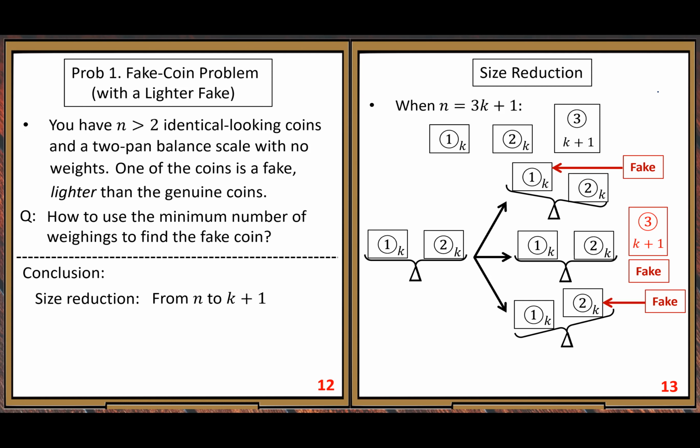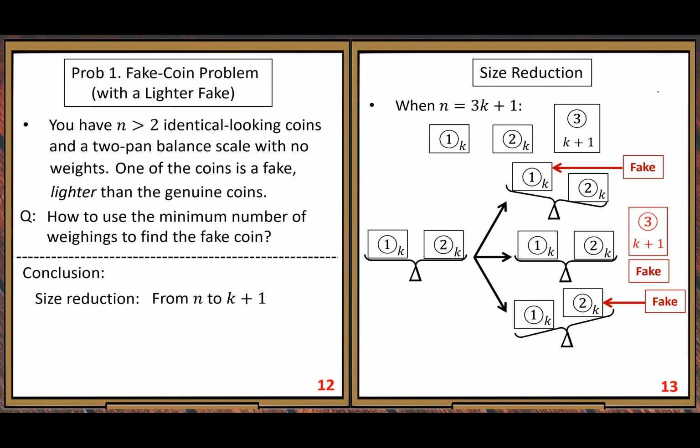When we have different cases, we focus on the worst case. The reason is simple. If we can solve the worst case, then we can solve any case.